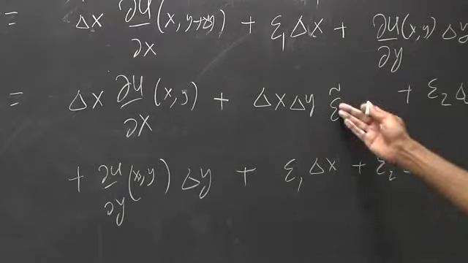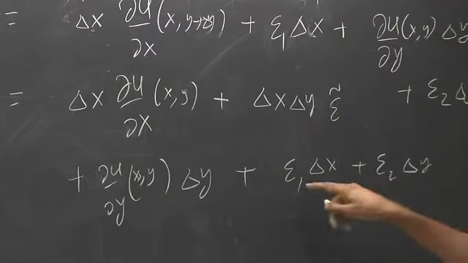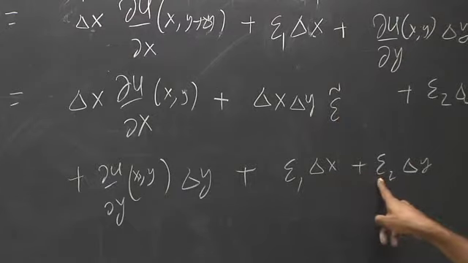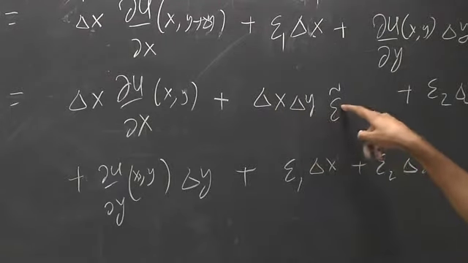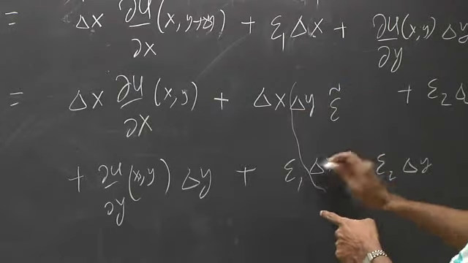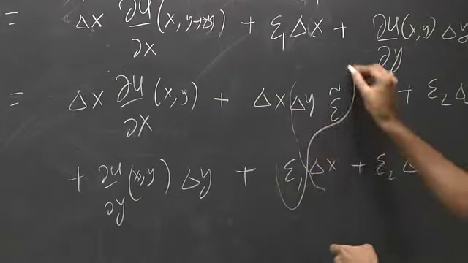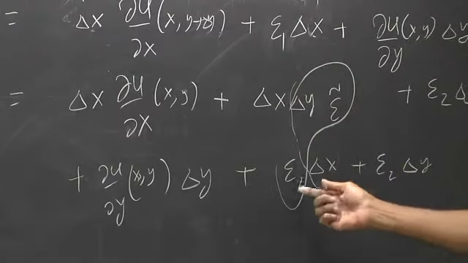Now I can of course absorb it in this here anyway, because what we are saying is that when delta x and delta y go to 0, epsilon 1 and epsilon 2 go to 0. But this is also the case here. When delta x and delta y go to 0, I can absorb it here, putting this whole thing together and keeping delta x as a common factor. After all, what is the property of epsilon 1?